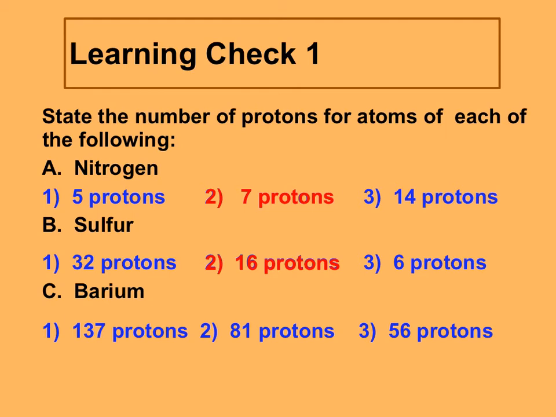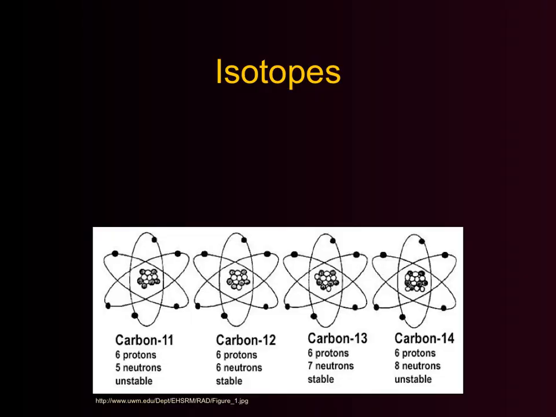And barium, Ba, on the periodic table, 56 protons. Just by knowing an element's atomic number and atomic mass, you can very easily figure out what the element is, or how many neutrons, protons, and electrons there are. And there's an assignment you'll work on where you'll do that.